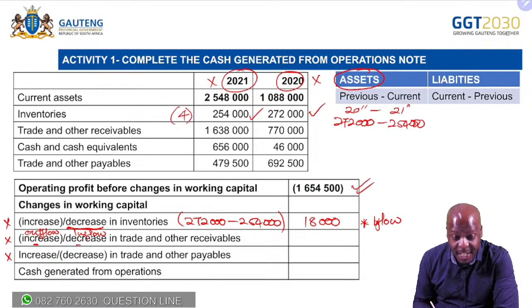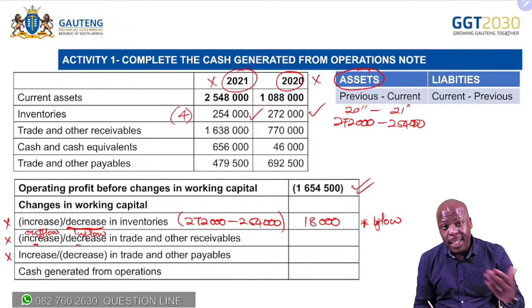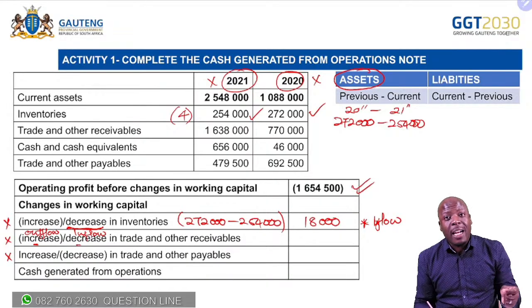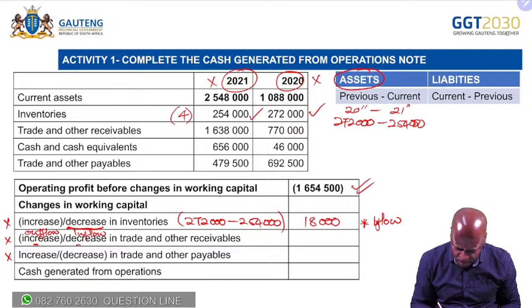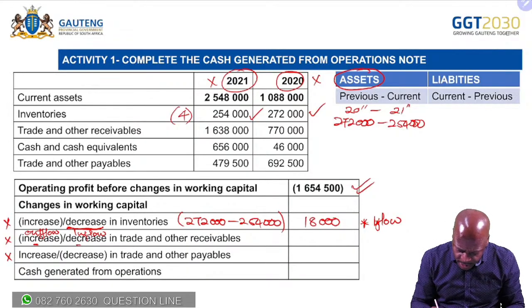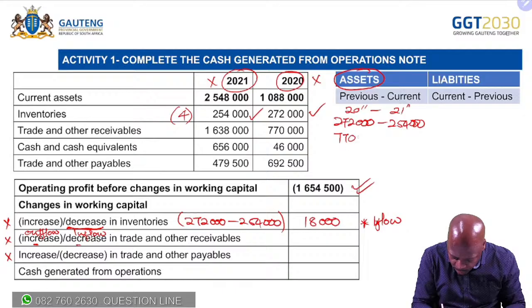With I trust my calculator, you say previous minus current, and the calculator would automatically give you the right figure. Let's see that now. What is my previous amount? My previous amount is 770,000. So I'm going to say 770,000.